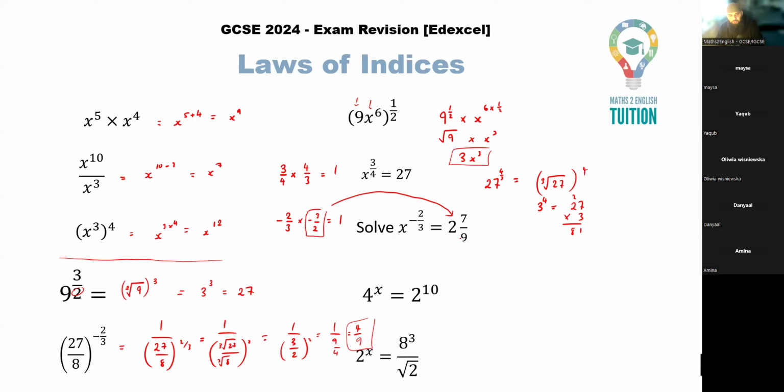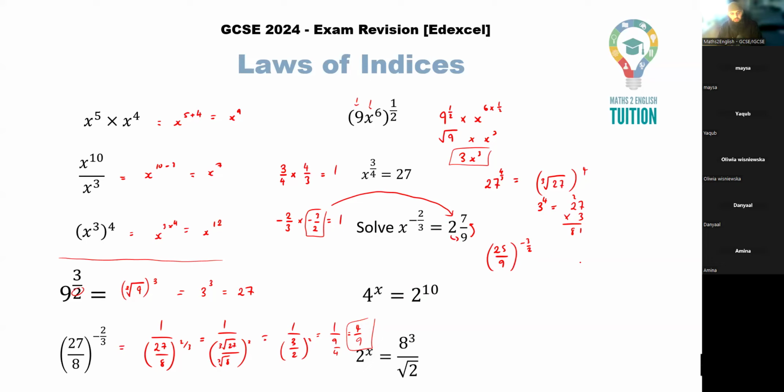So what we're going to do is first convert to an improper fraction. 2 times 9 is 18, plus 7, that's going to give us 25/9. Let's do that again: 18 plus 7 is 25/9. Now that we have this, we can apply -3/2. At this point we have the negative, which is a reciprocal.